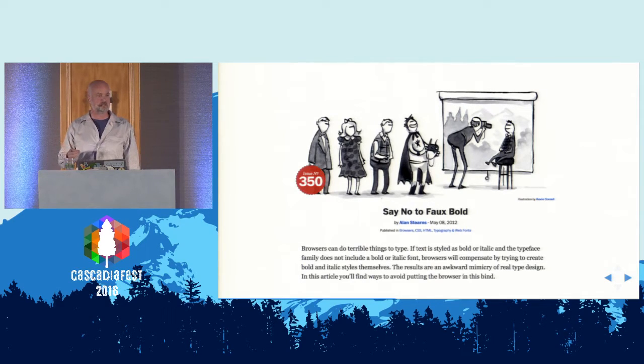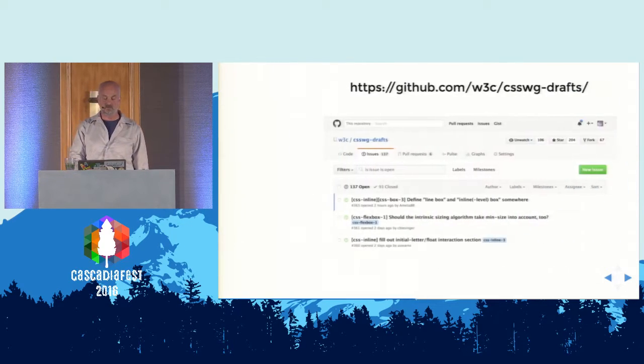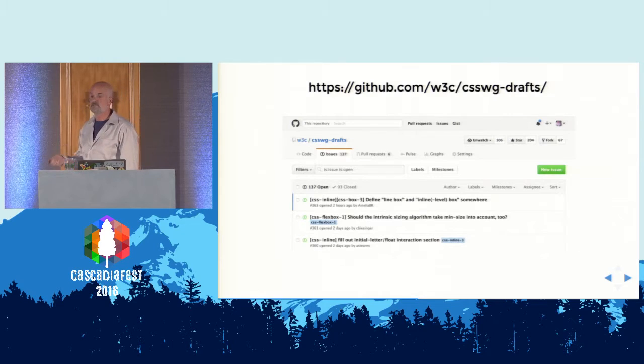So one of the things I've been trying to do is make contributions to the CSS Working Group and CSS specifications easier. So just 3 months ago, we decided that we were going to move all of the specification discussion to our GitHub repository.